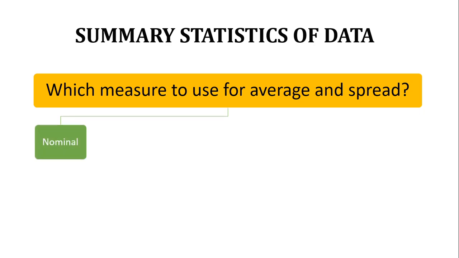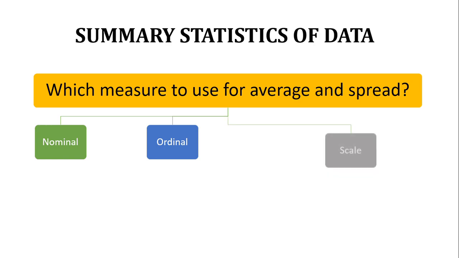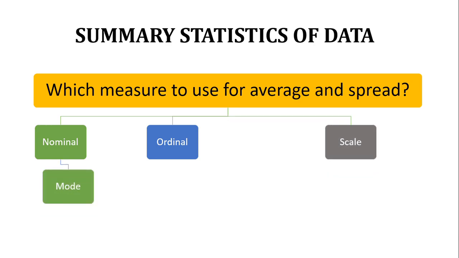If your data is nominal, you have to use mode as the average of your data. Mean could not be a suitable thing to calculate if you are dealing with only nominal data. The best thing to calculate is mode.